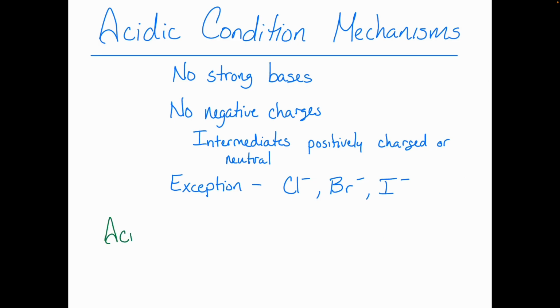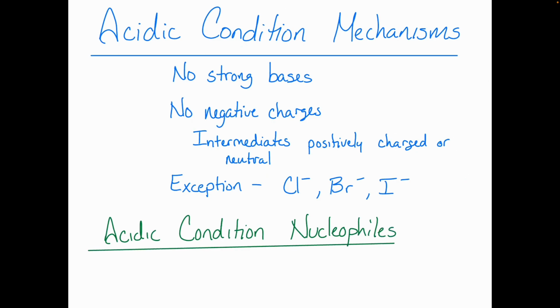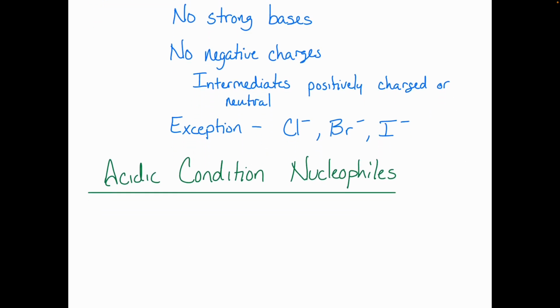Okay, other acidic condition nucleophiles. The other ones that you're going to see playing the role of a nucleophile under acidic conditions, we can just say our chloride ion, our bromide ion, and our iodide ion.